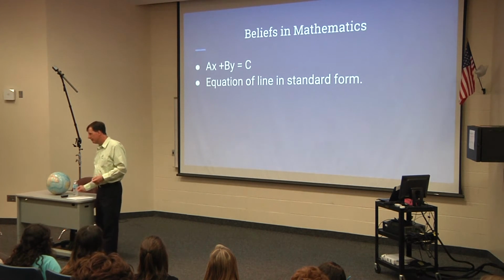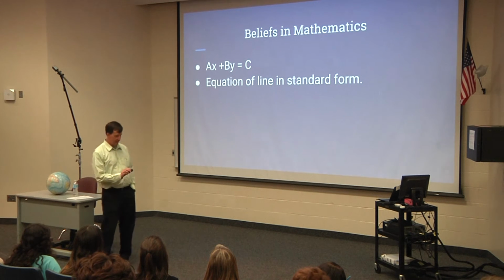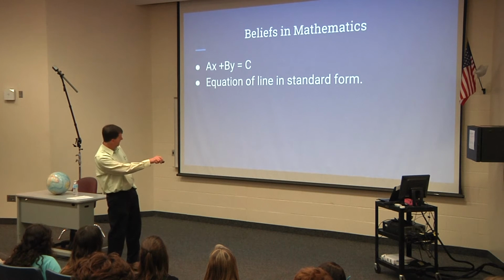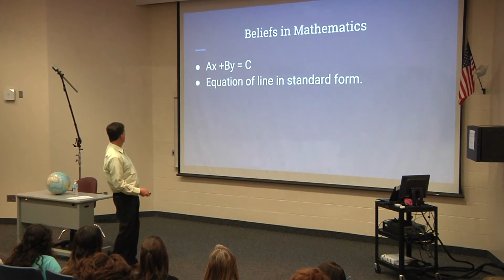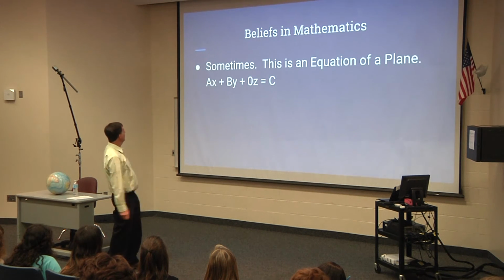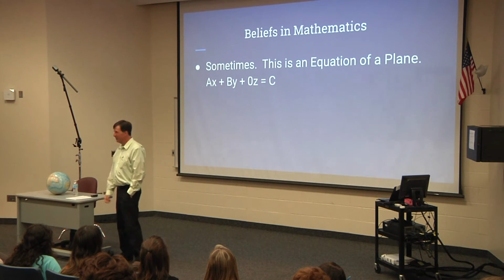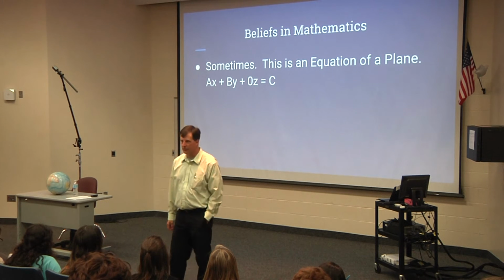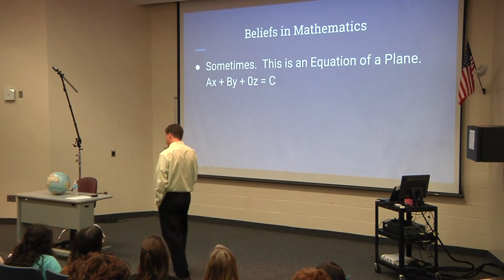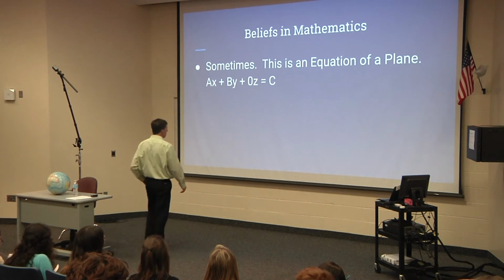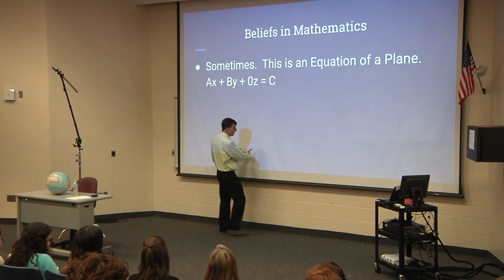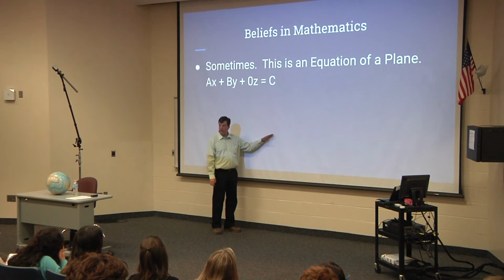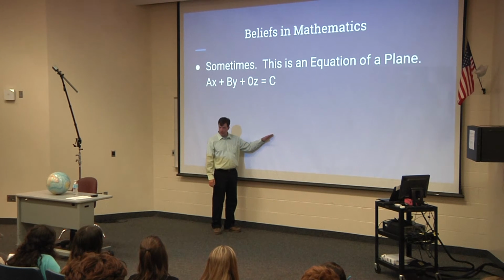Kind of. Sometimes. Reality is, it's an equation of a plane. There's a line that goes through, right? Think about it logically. You've got a line that comes through on the board. The z value is 0. It doesn't matter what the z value is.